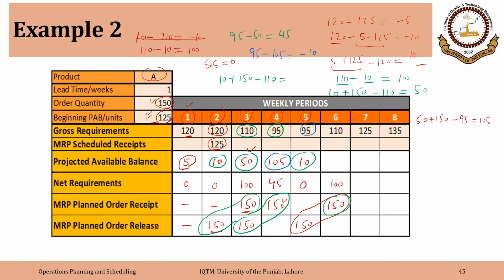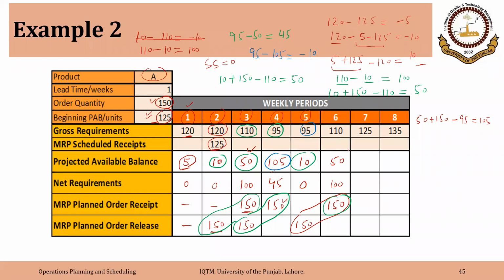So 160 minus 110 is 50. So we will be left with an inventory of 50 at the end of week 6. So this is what we are having by the end of week 6.